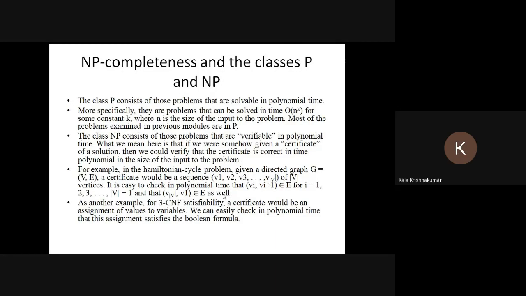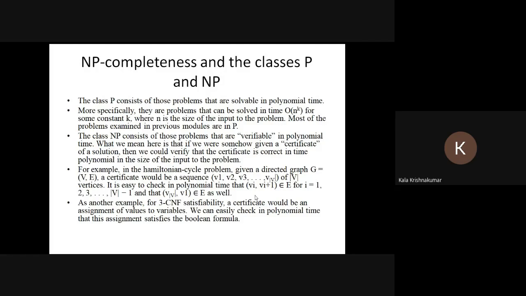For each i, I need to check that (Vi, Vi+1) is an element of E. That I can check in polynomial time, because if there are n vertices, it will take big O of n time only. And the last check is that there should be an edge from the last vertex Vn to the first vertex V1. That should also be checked.